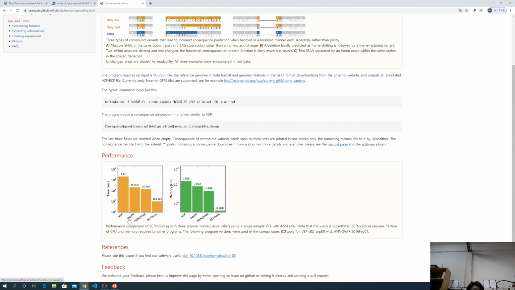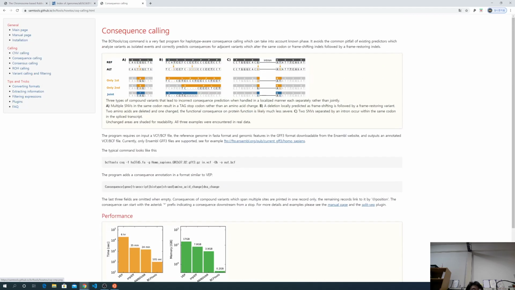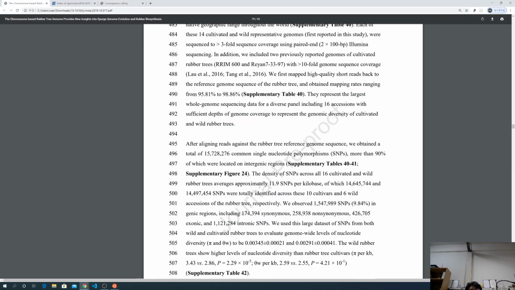What we used was SnpEff, but now BCFtools is so fast, and it doesn't use much memory. Really good. I spent weeks for this one, but now you can calculate this in several minutes.